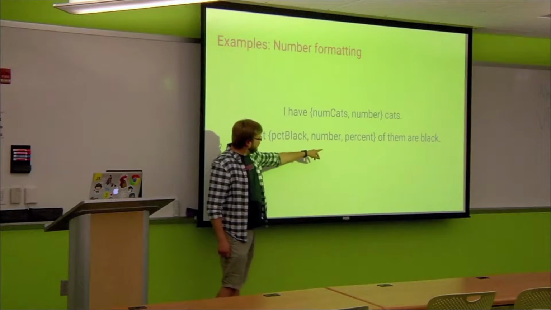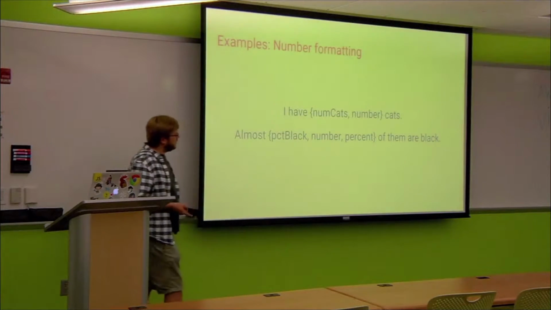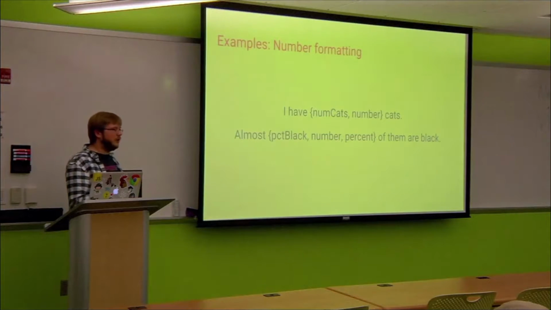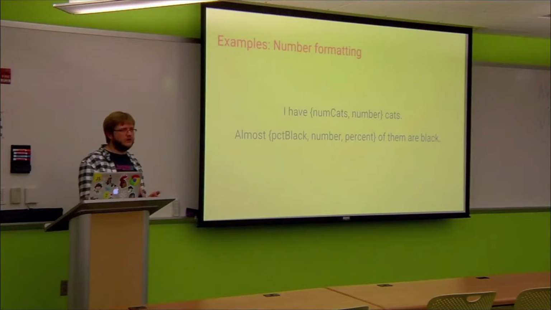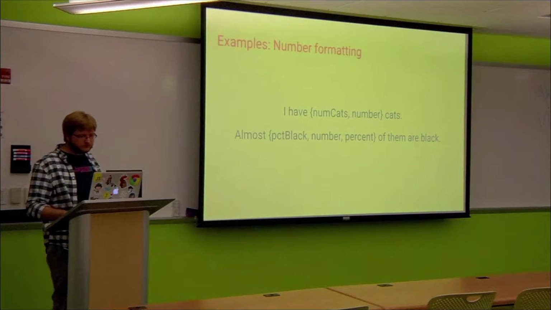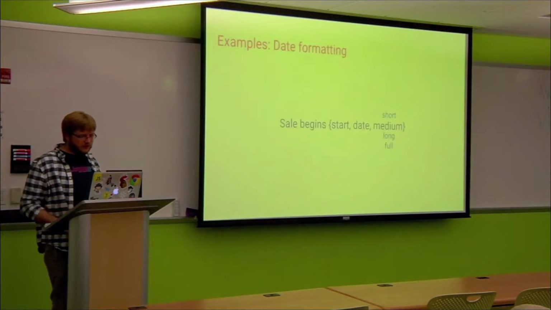I don't remember what the different options are, but after that, in the case of number, you can say percent, and then it knows to represent that as a percent. That expects a value between 0 and 1, so 0.55 for 55%. And again, we'll look at some more concrete stuff at the end.